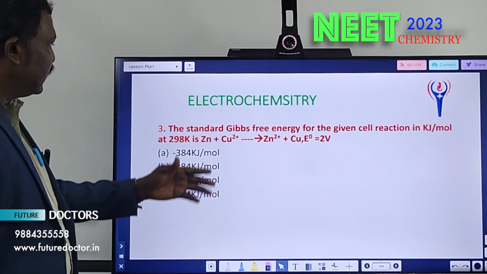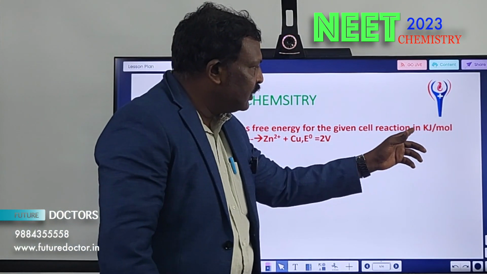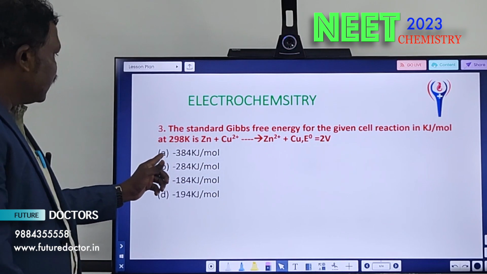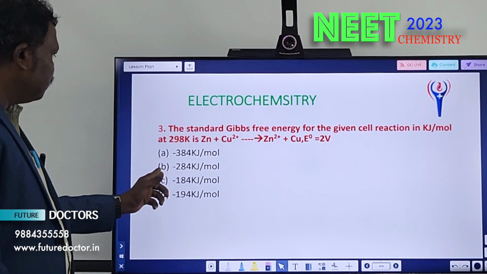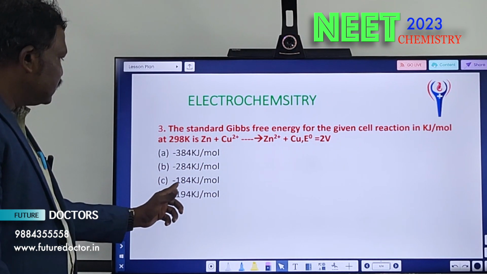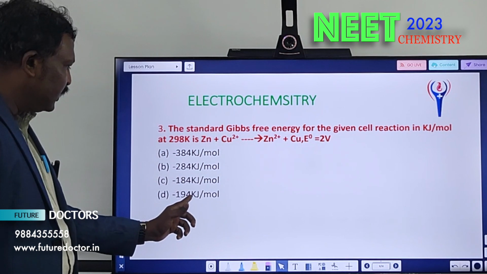If you apply this formula, we can get the answer. Very simple one. But the answer should be in kilojoule per mole. That's very important. Option A minus 384 kilojoule per mole, option B minus 284, option C minus 184, option D minus 194 kilojoule per mole.